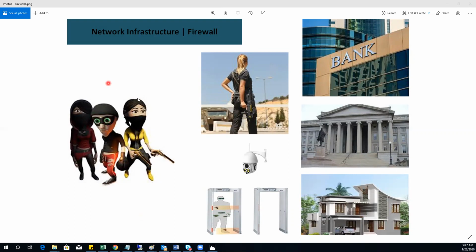These are the bad guys, and these bad guys are really dangerous for our society, or for any bank or the government organization or schools. They are trying for the robbery. They are trying to bring disaster in our country or in our society.